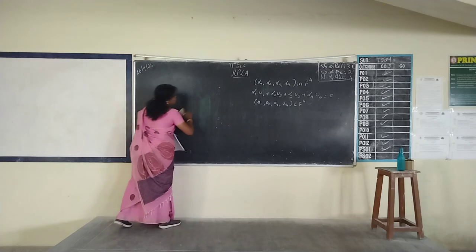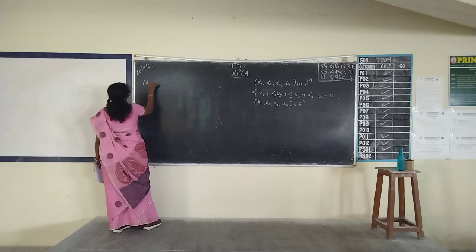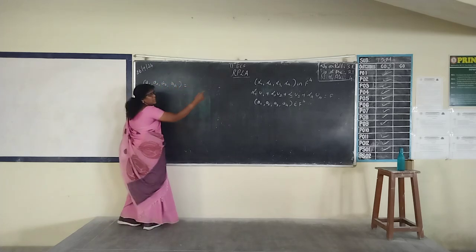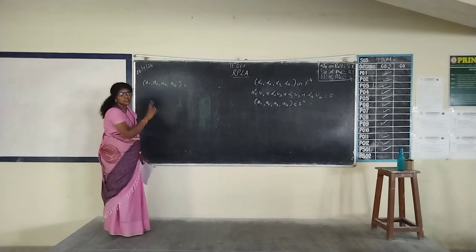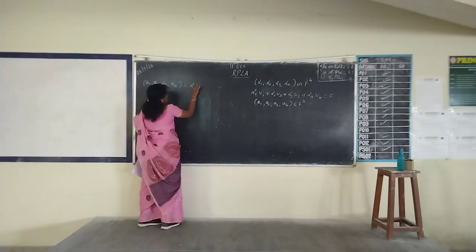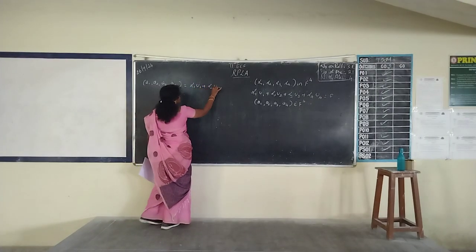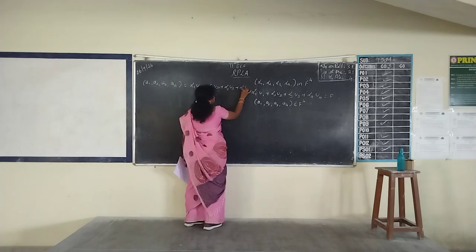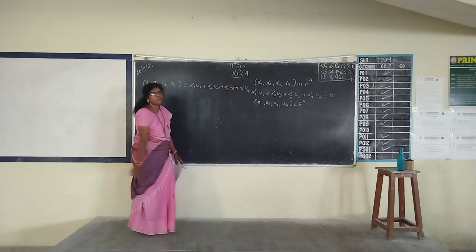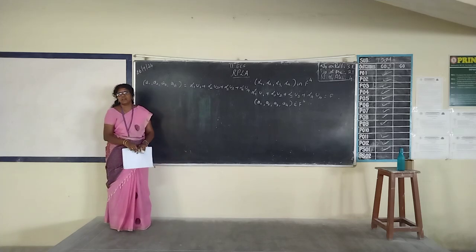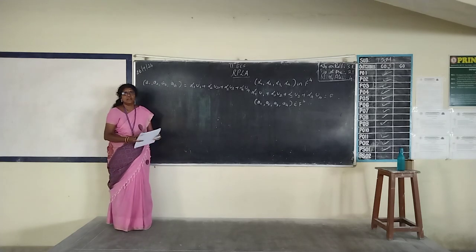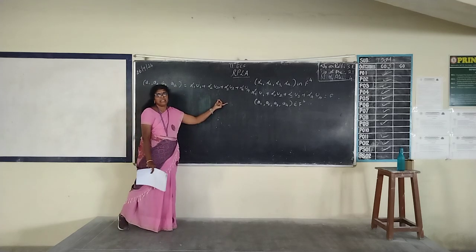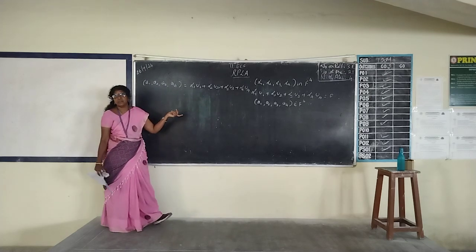So what you are supposed to do? You have to represent A1, A2, A3, A4 as a linear combination of our U's. So this should be equal to alpha 1 U1 plus alpha 2 U2 plus alpha 3 U3 plus alpha 4 U4. This is what you must try to find. You must write this as a linear combination of our U. In the right hand side, what are the unknown terms?